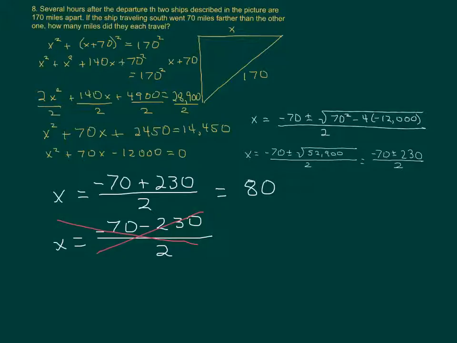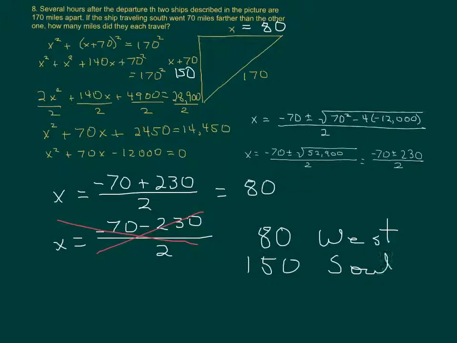So the first distance is 80, the one going west, and the one going south is 80 plus 70, or 150. So the distances are 80 going west and 150 going south. Let's check our work.